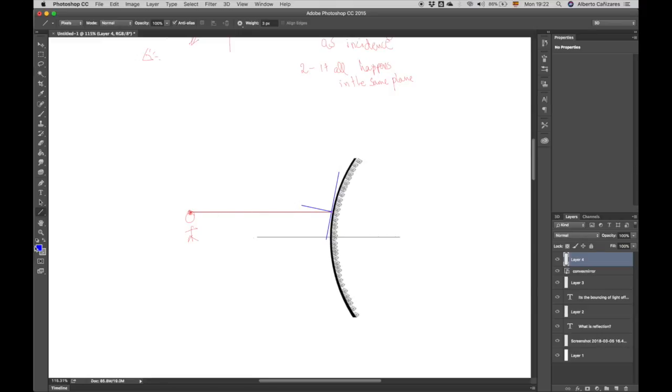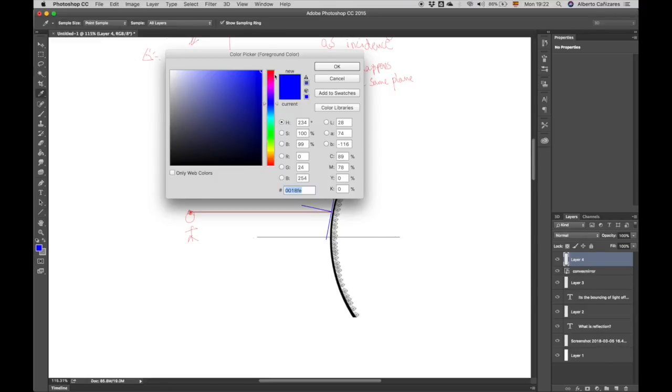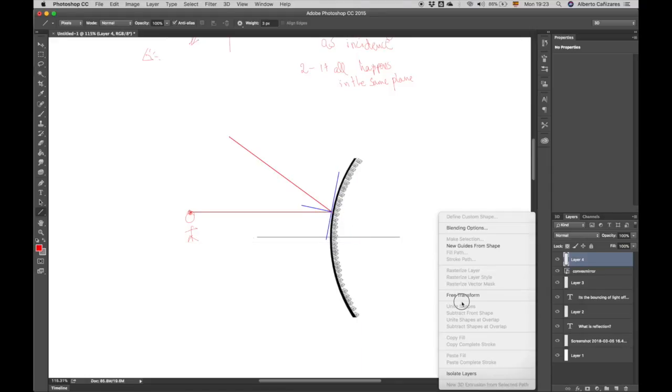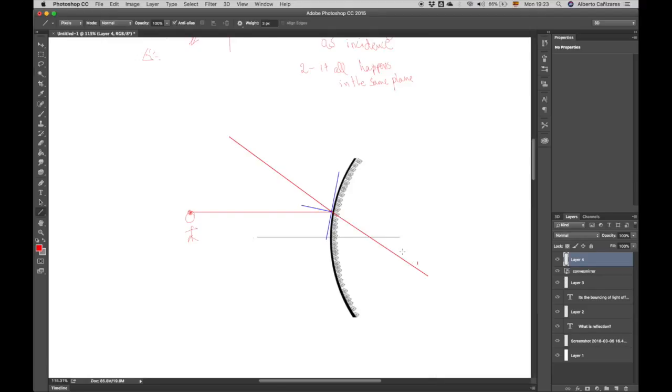And so the light will bounce again at the same angle of incidence. It will bounce that way, okay? So what's happening here is your light ray will think that it is coming from this point, right?